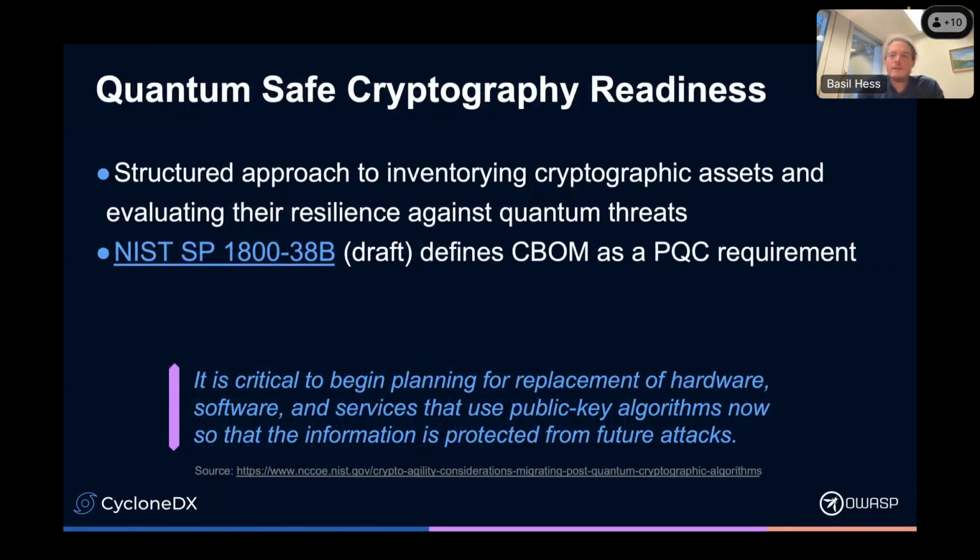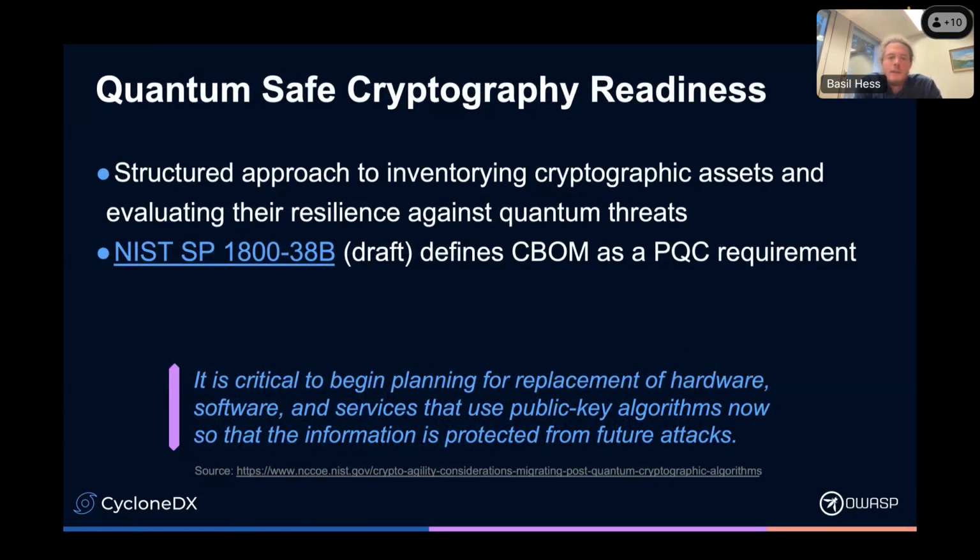Then next, there is readiness for quantum-safe cryptography. For example, NIST in the US has the NCCoE, which I think stands for National Cybersecurity Center of Excellence, that has a project about post-quantum cryptography.